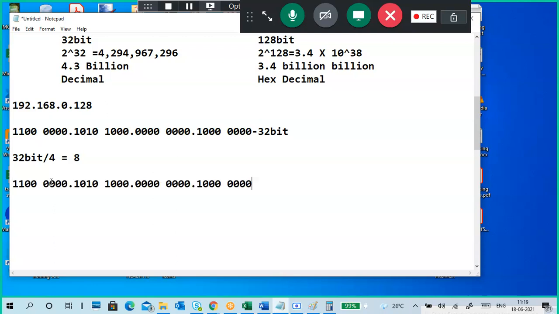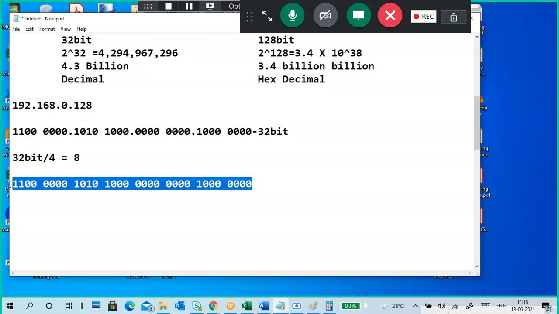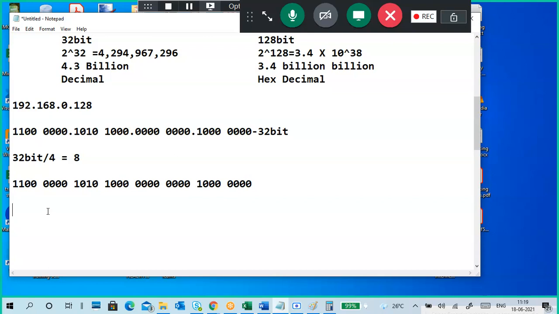If you take this number, it's a 32-bit number, right? I remove the dots. If I write it like this, can you understand what is the value of it? You can go like 0, 1, 2, 3, 4, 5, but how much number can you understand, how much number can you write? It is easy to do in a certain format with a limited numbering system, right?